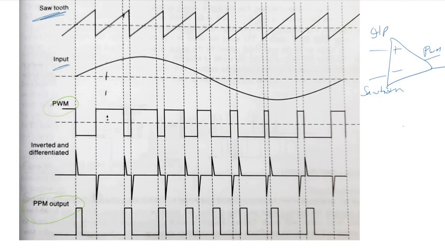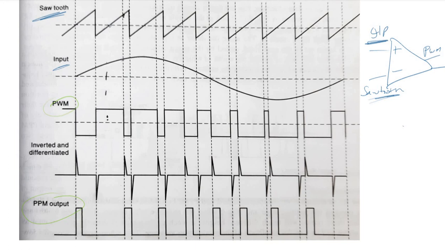That means if this input signal is more as compared to the sawtooth waveform, then the output of this comparator would be plus voltage level, plus V, and if the sawtooth waveform is more as compared to input, then the output of comparator will be minus V, negative voltage level, right?